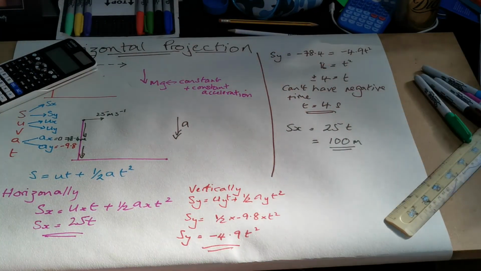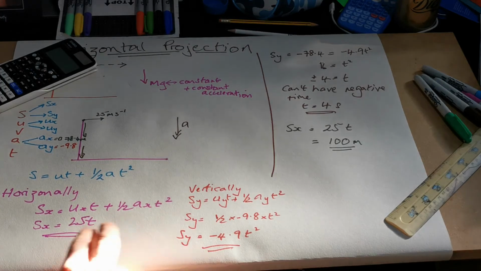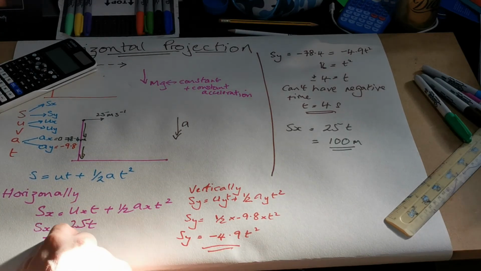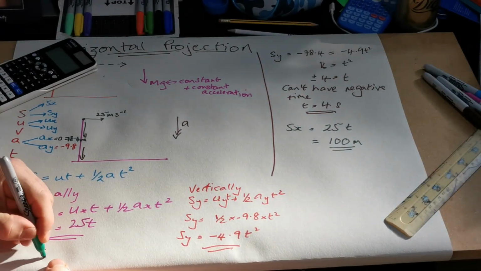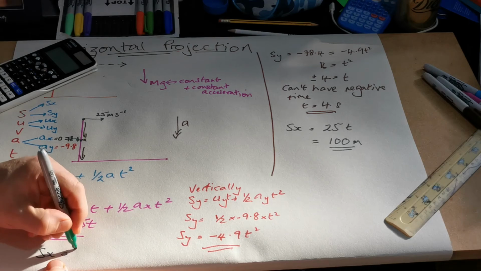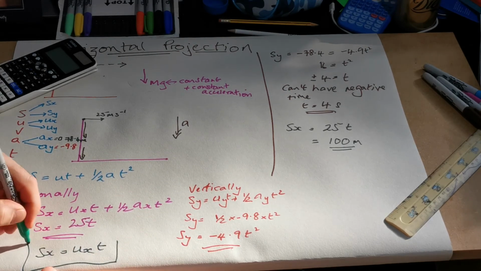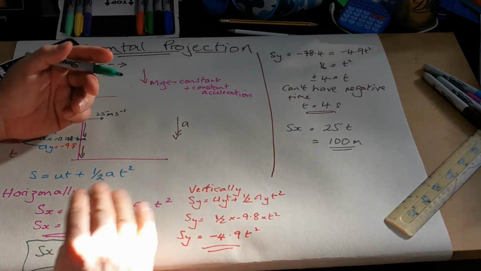Okay, so really for horizontal projection, you've got these two formulae. Sx is equal to uxt. That's always going to be the same because there's no acceleration, so that disappears.